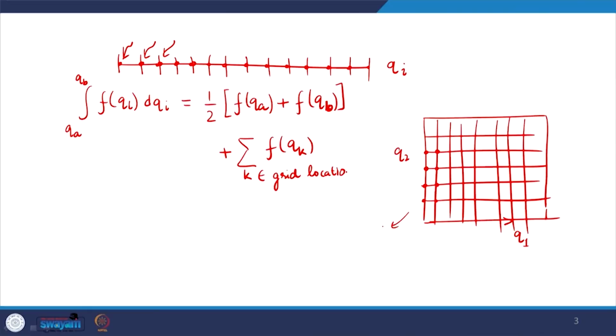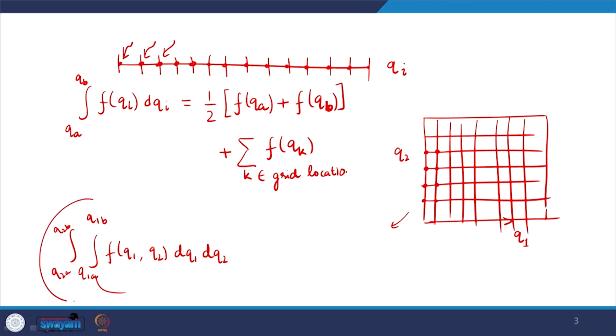Now, as soon as we are integrating with respect to two variables, then this has to be done again within some range, let us say q1a, q1b, q2a, q2b.